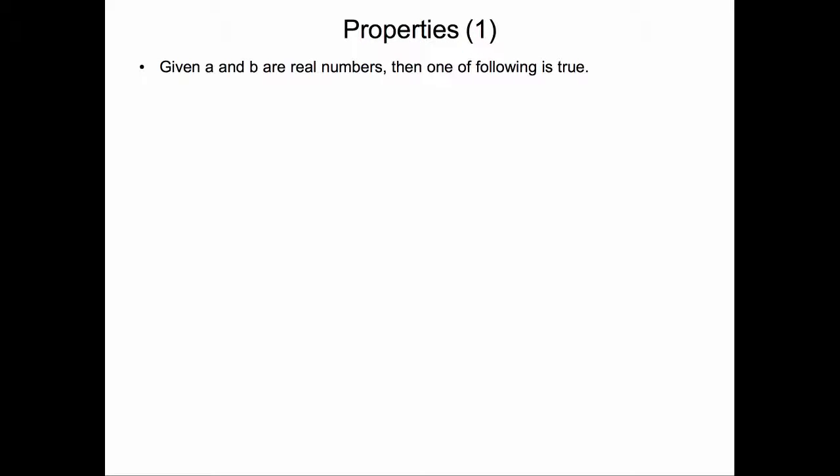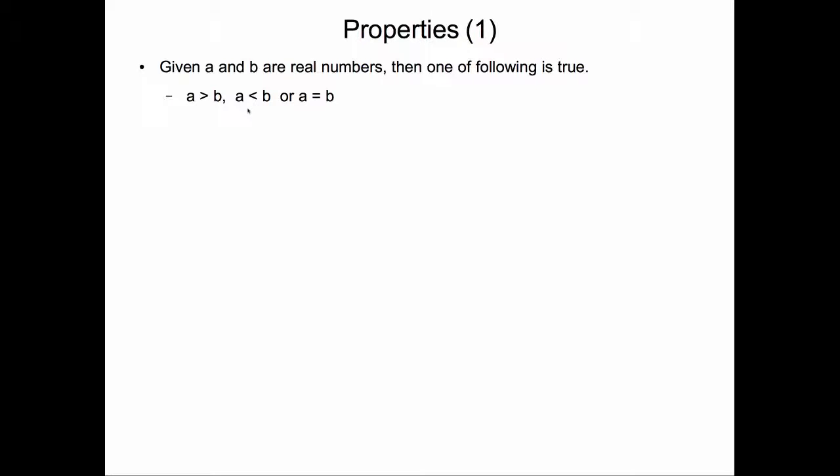So given that A and B are real numbers, then one of the possibilities is true. Let's take an example, any pair of numbers, -1 and 10. Here, -1 is less than 10, so it is under the second possibility or category.